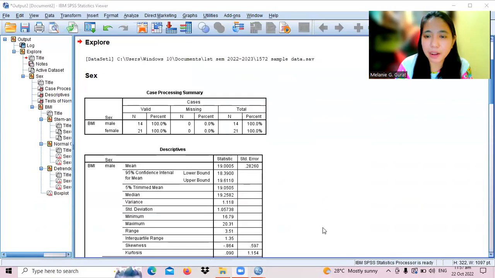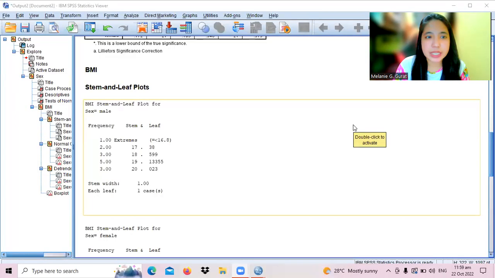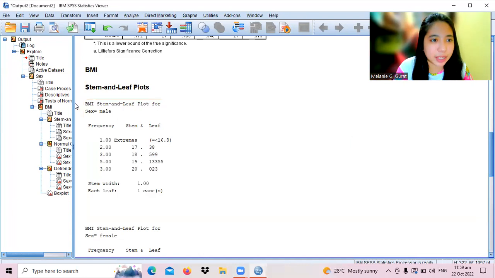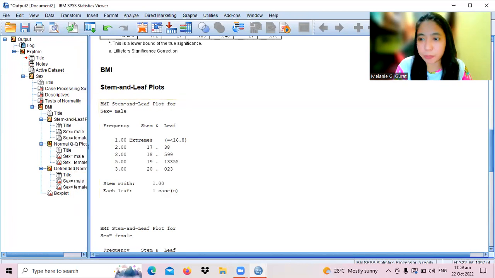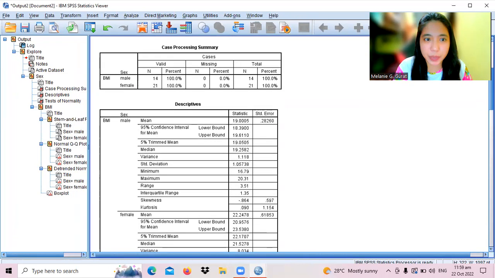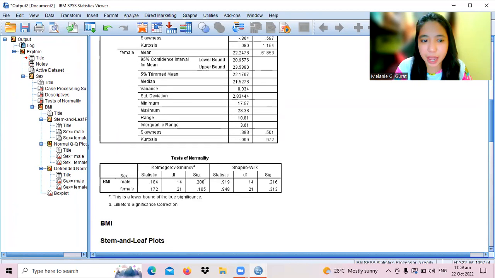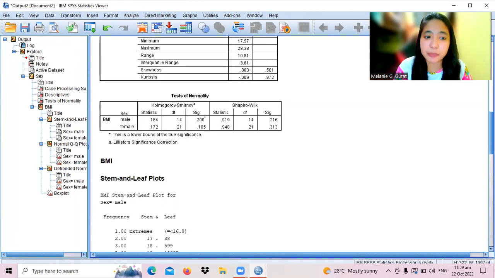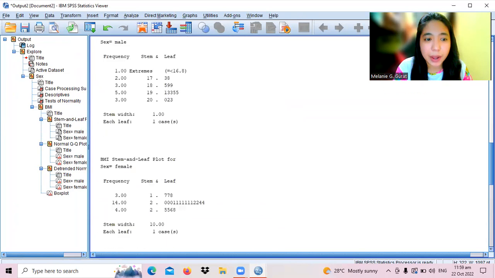So here we have our result. This is the result after doing the process. We can see that several results are generated, such as the descriptives, the tests of normality, and even a stem and leaf plot.